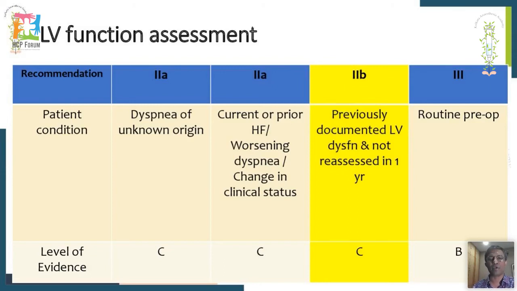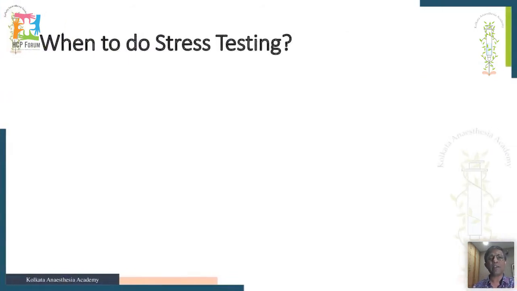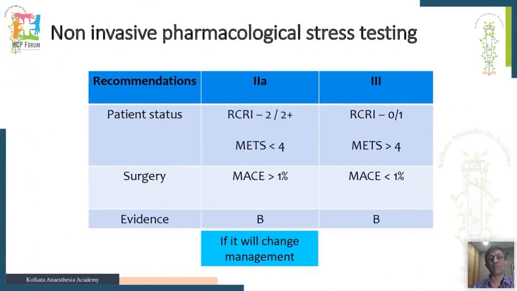When to do stress testing? Again, I'll go back to the ACC-AHA classification. Somebody with an RCRI of 2 or above, a MET score of less than 4, undergoing an intermediate or major surgery with a MACE of more than 1%, should undergo non-invasive pharmacological stress testing.